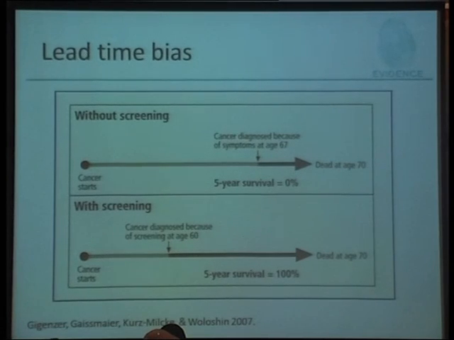If you look at two populations that both start cancer here and both get to death at age 70, if you don't screen, you will see cancer coming up on average at 67, and you will have a 5-year survival of 0%, because everyone is diagnosed late. From the diagnosis to death, you have less than 5 years.